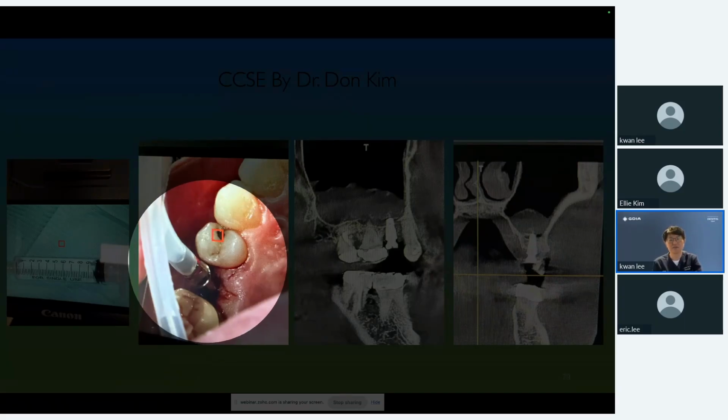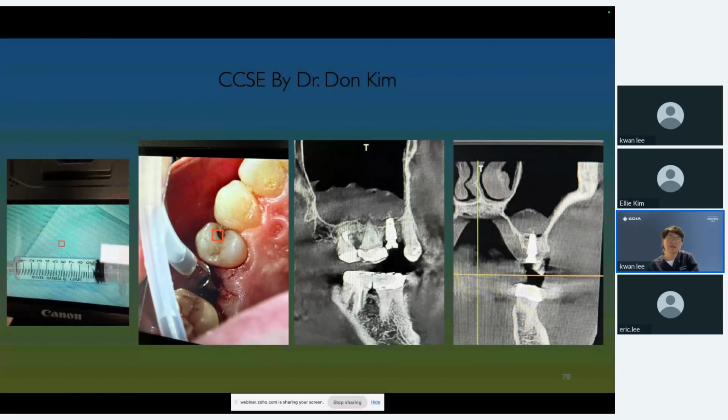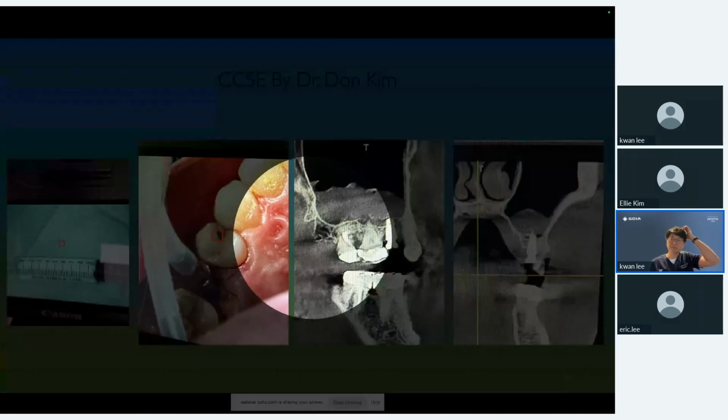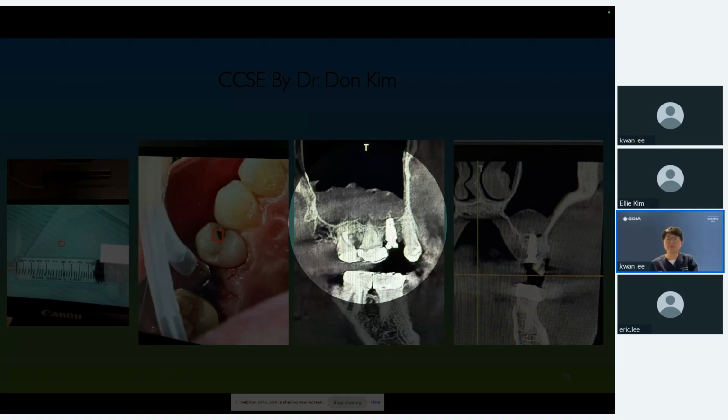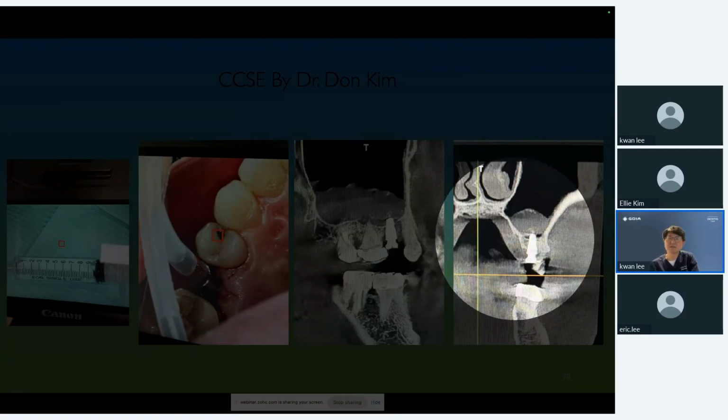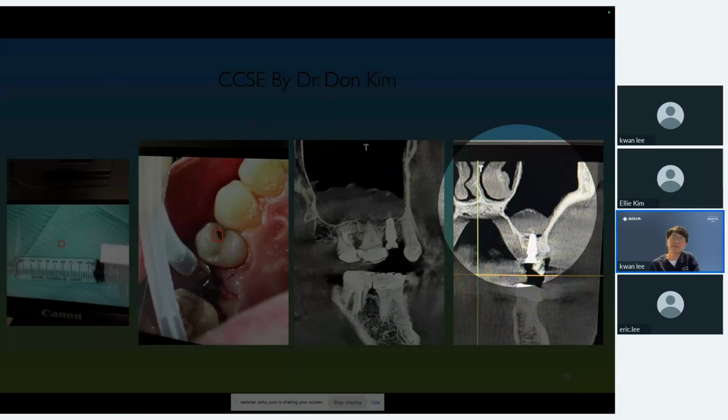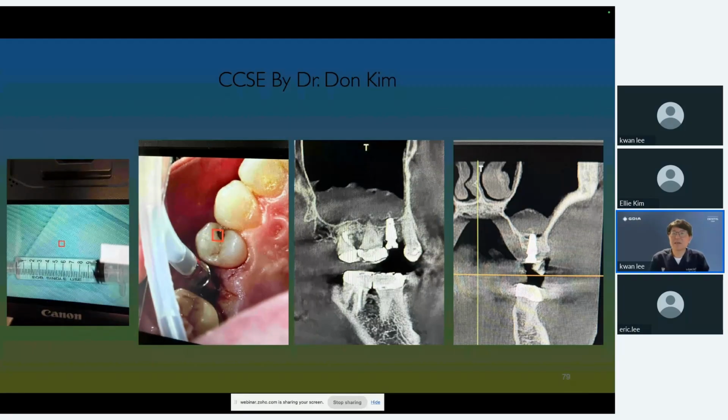He hooked up the aqua tips and created the closed chamber sinus system. Look at this membrane way up here. He didn't measure the height, so I don't know, probably 12 to 15 millimeters. These are the actual doctors' cases.